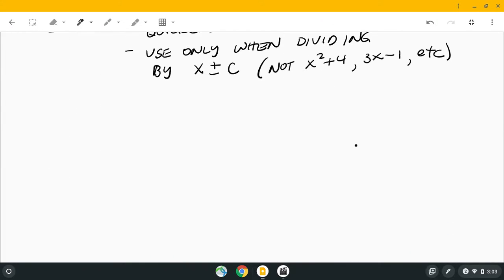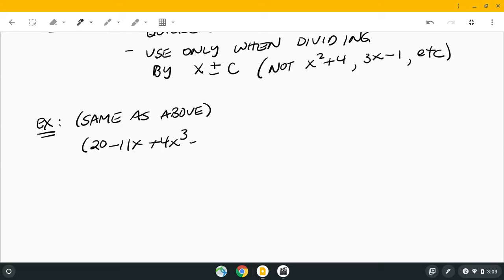Okay, so let's take a look at that same example. So it's the same one as above. Okay, and we're going to do 20 minus 11x plus 4x cubed minus 5x squared divided by x minus 2.